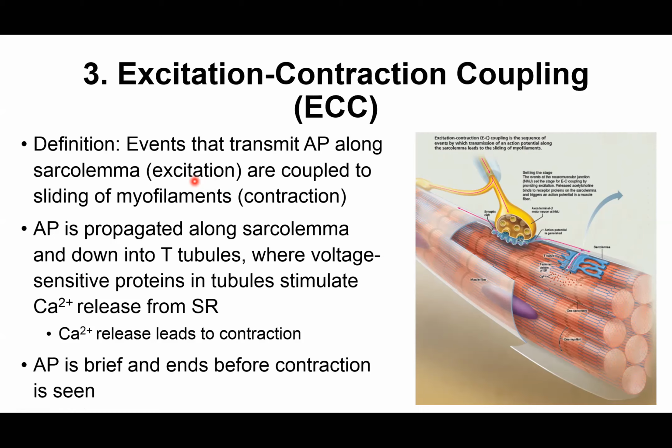So the action potential is going to be propagated along the sarcolemma and down the T-tubules. And here, this is where voltage-gated proteins in the tubules are going to stimulate the release of calcium. And calcium is what is actually leading to the contraction.